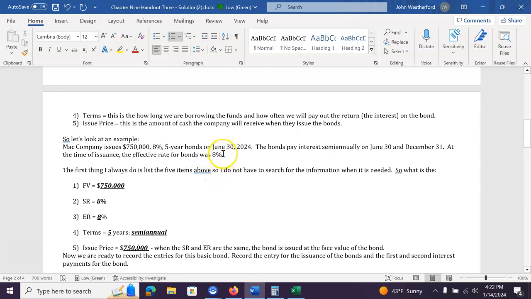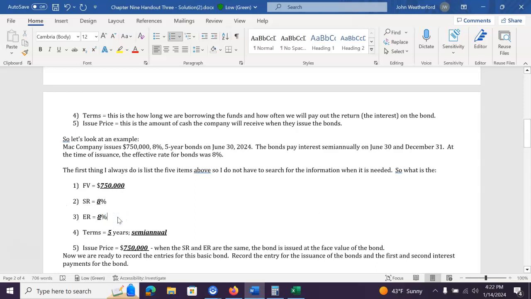And the market rate on the day the bonds were issued, the market or effective rate, was also 8%. If the two rates are equal, you guys, these bonds will be issued at their face amount. Now, the term is 5 years with semi-annual interest payments. So that means what? We have 10 interest payment periods. And again, the issue price would equal the face amount because these two rates are equal.